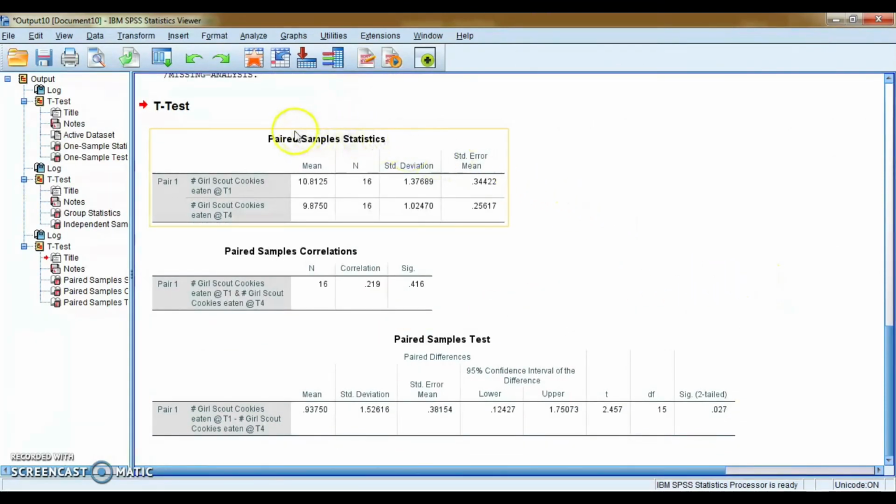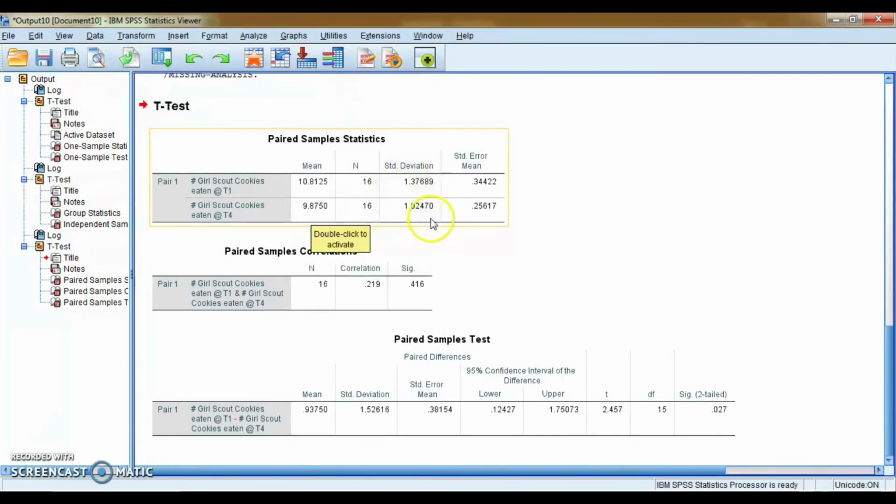First thing you want to look at here are the sample statistics. The number of Girl Scout cookies eaten at time 1 is 10.81 cookies. The average number of Girl Scout cookies eaten at time 4 would be 9.87. Is there a difference there? 1 cookie less? Could be close.